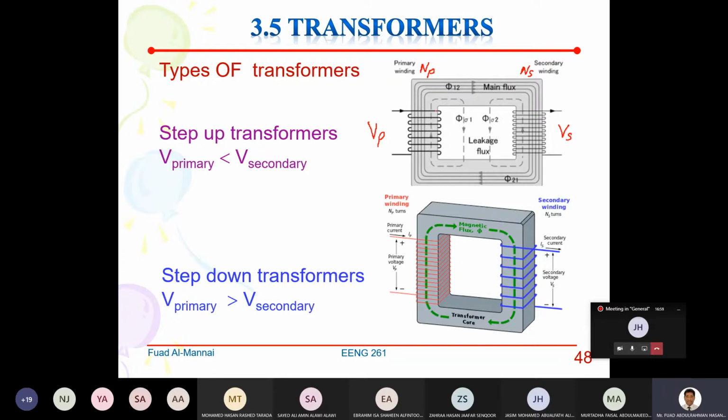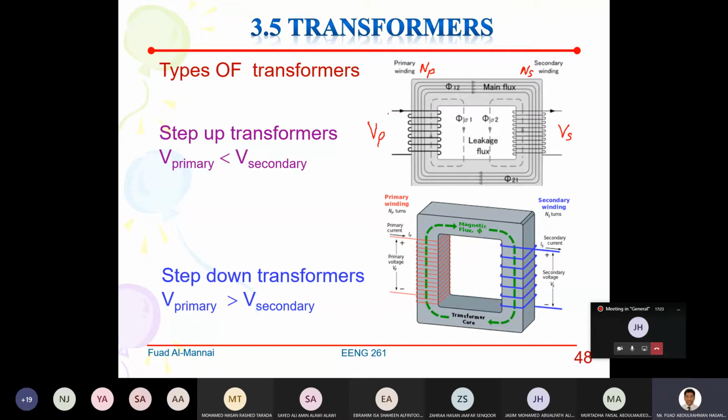When you are winding the wire around this core, you have to know the number of turns. The number of turns is very important. In this case, we have 1, 2, 3, 4, 5, 6, 7 turns. So we call this the primary winding.